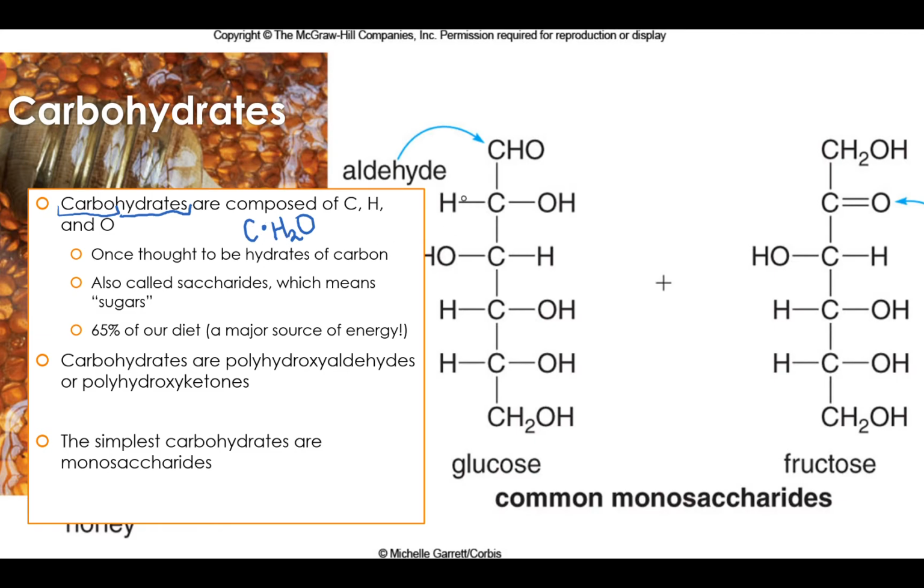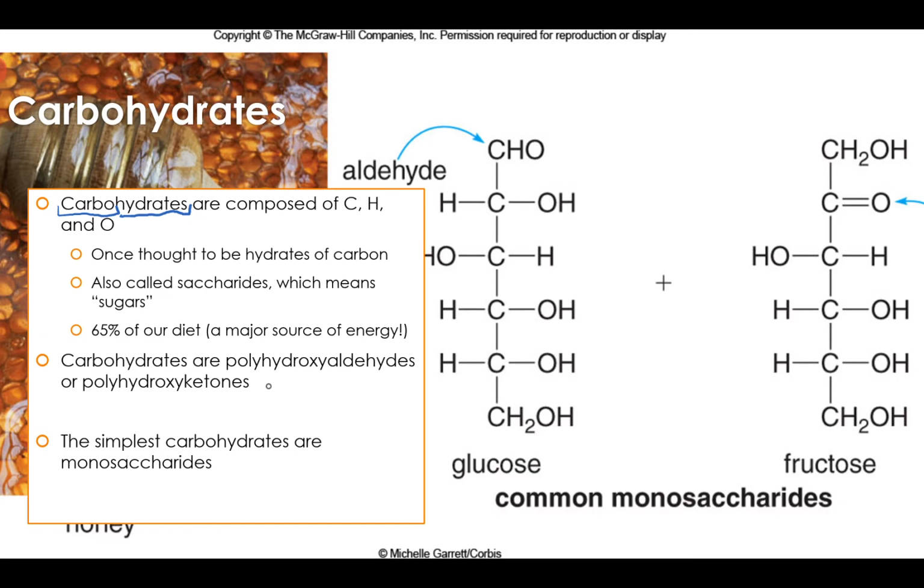And if you look at the actual structure, you can see that it does have that kind of chemical formula, where it's a carbon for every 2 H's and 1 O. So they were originally thought to be hydrates of carbon, but then they found out it's not really bonded like that, and so the name just kind of stuck. They are also called saccharides, which means sugars, and that's exactly what they are. They are sugars.